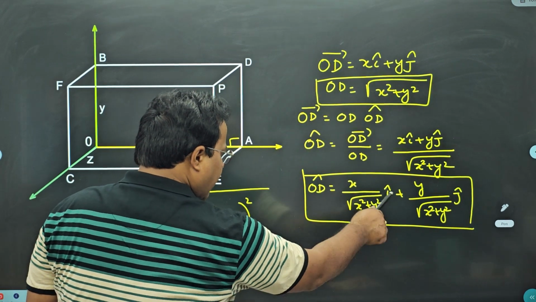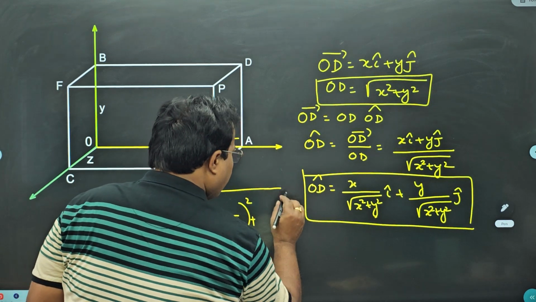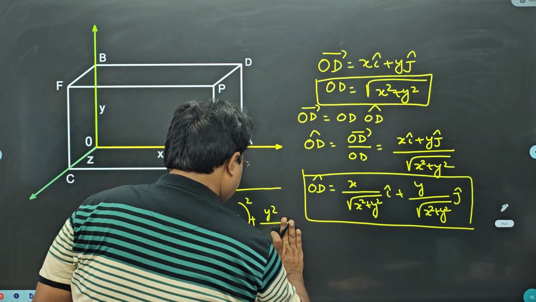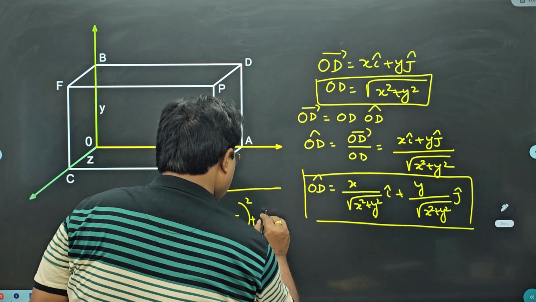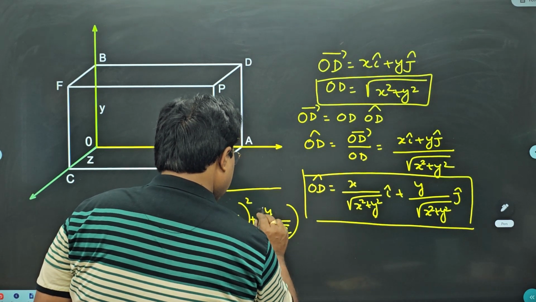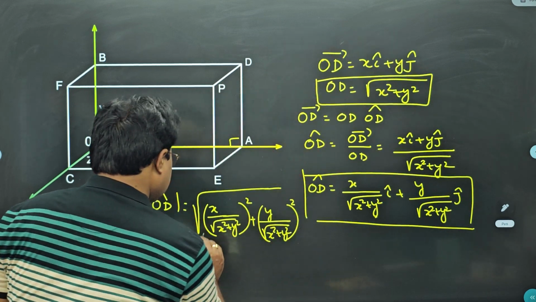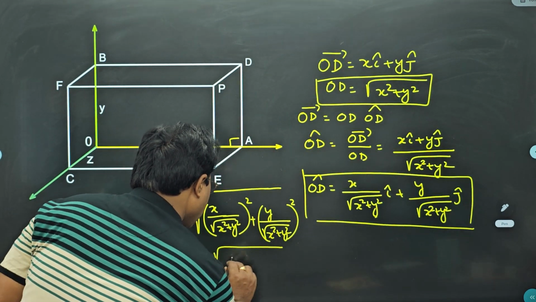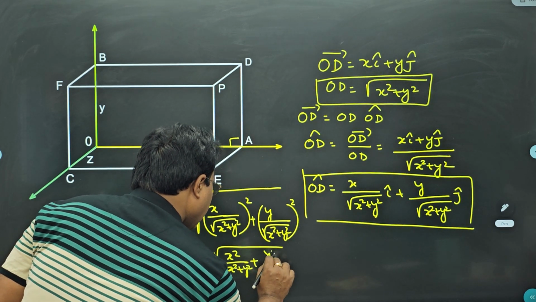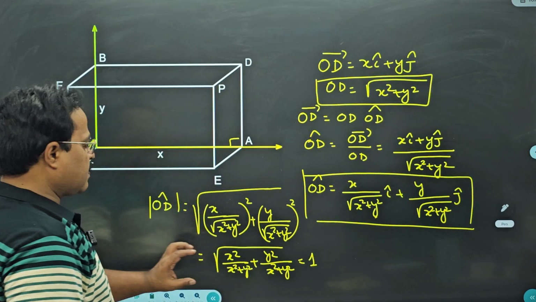Here the square of the component of i is x square over x square plus y square, and what is the square of the component of j? y square over x square plus y square. Just a minute, hold on, my dear students. So the magnitude becomes under root of x square by x square plus y square plus y square by x square plus y square. This becomes 1. You see, my dear students, this becomes 1.